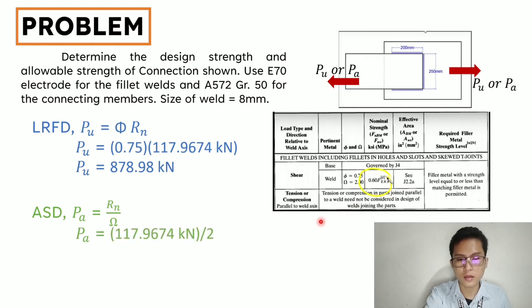So we'll substitute the values, which are 1171.9674 kilonewtons, and it will be divided by 2, which is our omega. So P sub A is equal to 585.98 kilonewtons. These are the values that we are looking for in this problem.